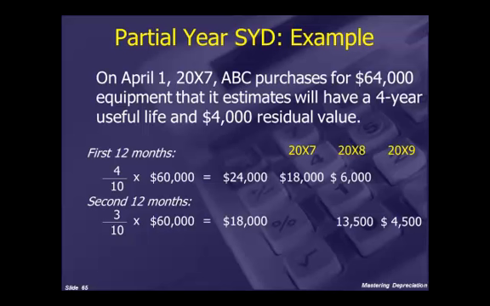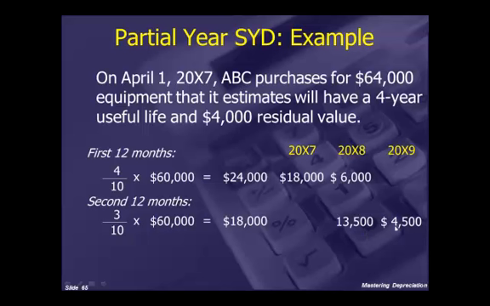Now, we have some months left here in 2008, so 9/12 or 3/4 times the 18,000 comes to 13,500 using this second rate.